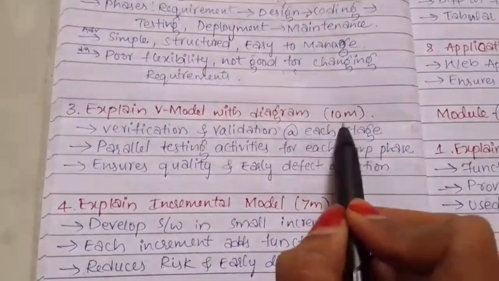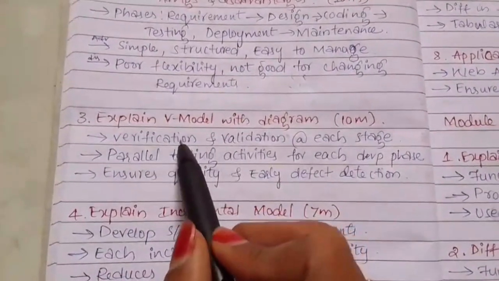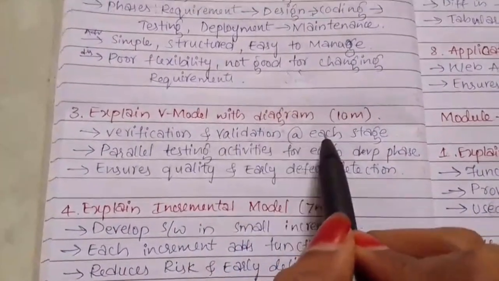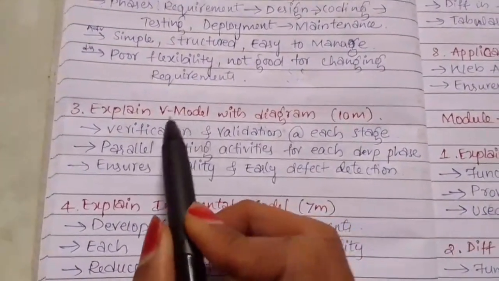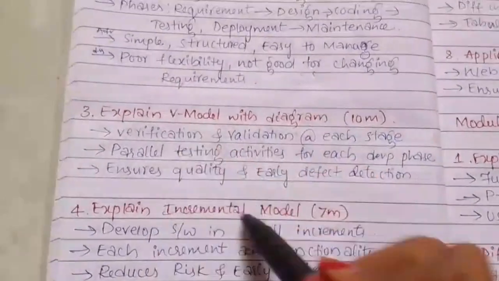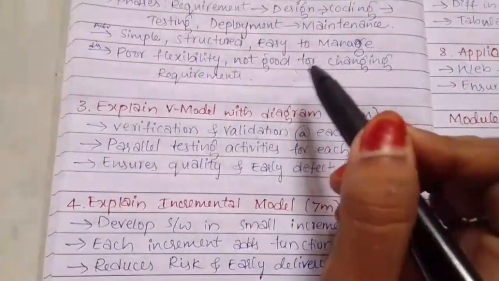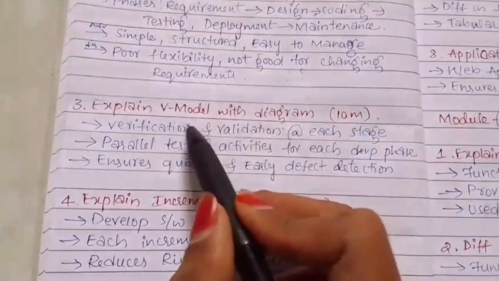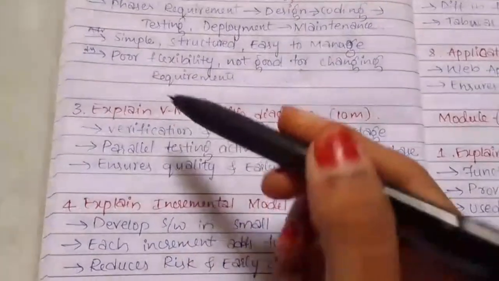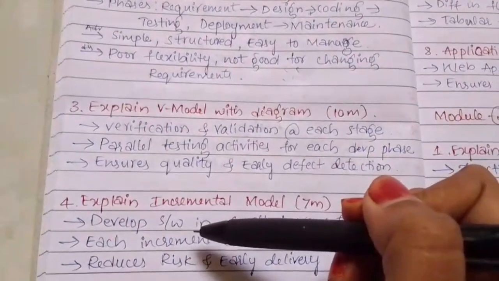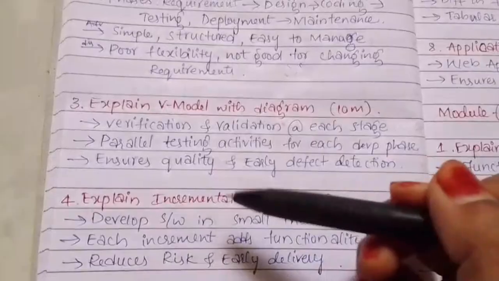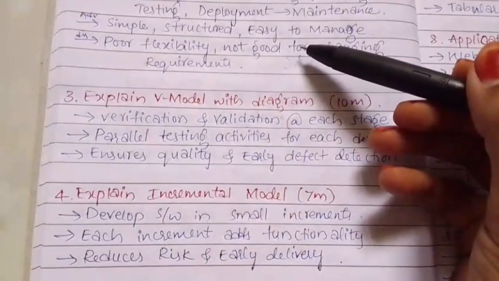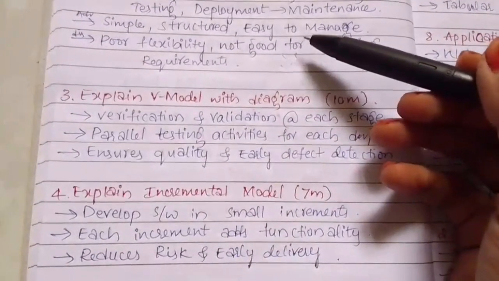This is asked for 10 marks. Let us see. Verification and validation at each stage. V model means the model is looking like V. It looks like V. That's why it is called the V model. And the left side of V represents the verification, and the right side of the V represents the validation.